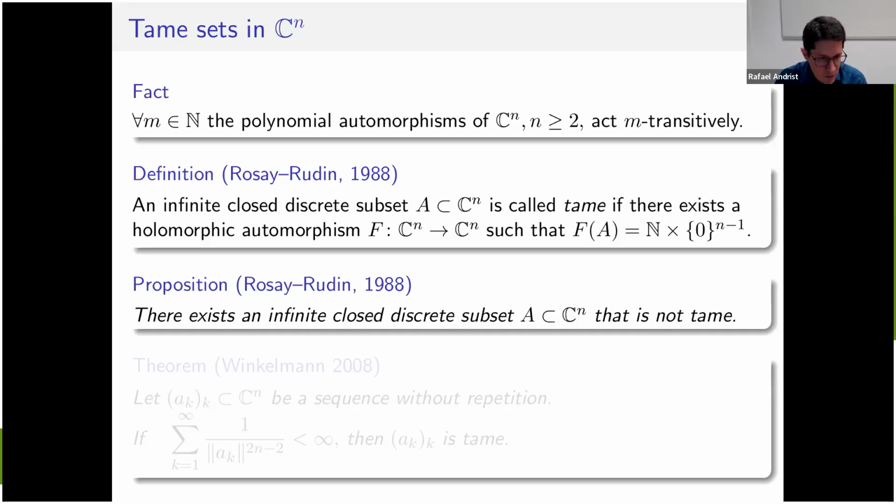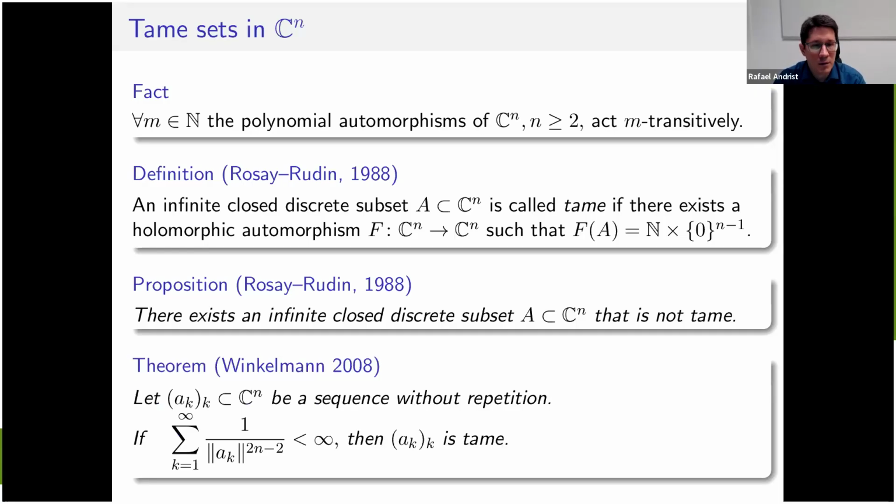And then there is another theorem by Winkelmann. He looks at a sequence without repetition. And then he says, if this series here is convergent, then the set that is formed by this sequence is tame. So this is a sufficient condition, but it's not necessary.